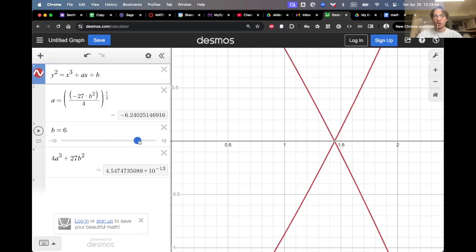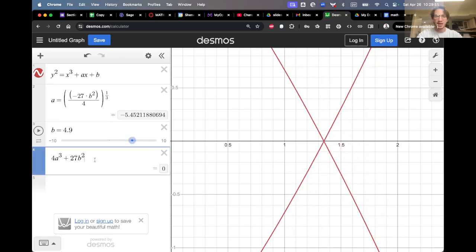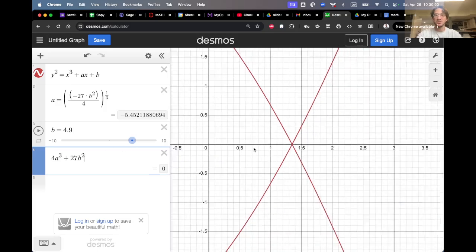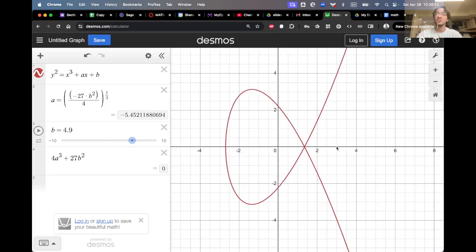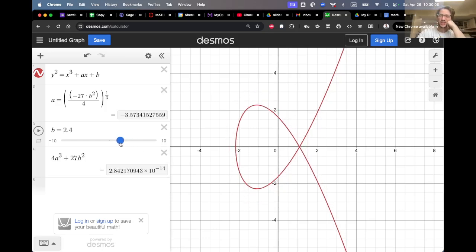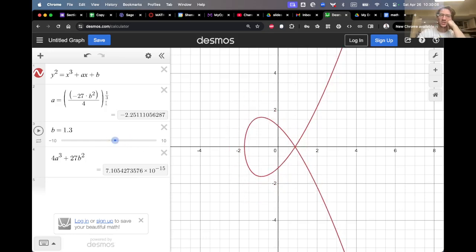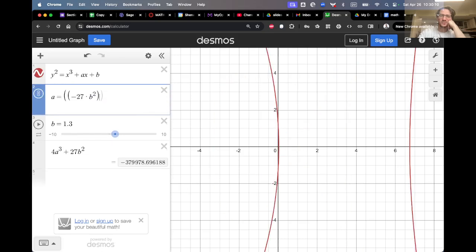That's what we want to avoid. That's what saying 4a cubed plus 27b squared is not equal to 0 does. It prevents this self-intersection that we do not want. Every other a and b is permissible.